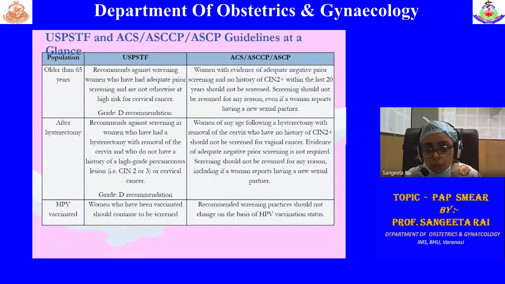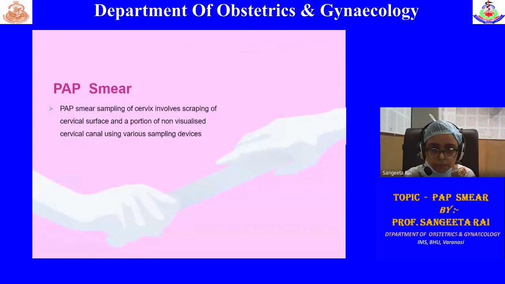Why? Because there are multiple strains. It is likely the same with HPV infection. The vaccine covers only two or three strains, but the patient may be infected with other strains. So cytology is recommended even if the patient is HPV vaccinated. I hope these important things are clear.